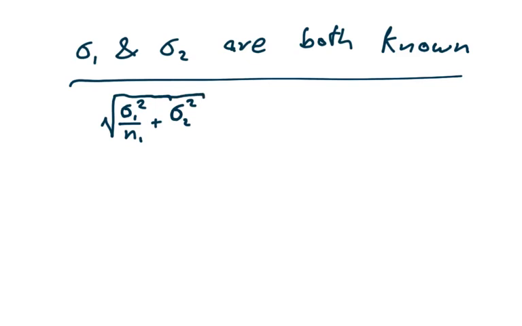Remember, the variance is sigma squared divided by the sample size for that second sample. So this is the standard deviation for x1 bar minus x2 bar.